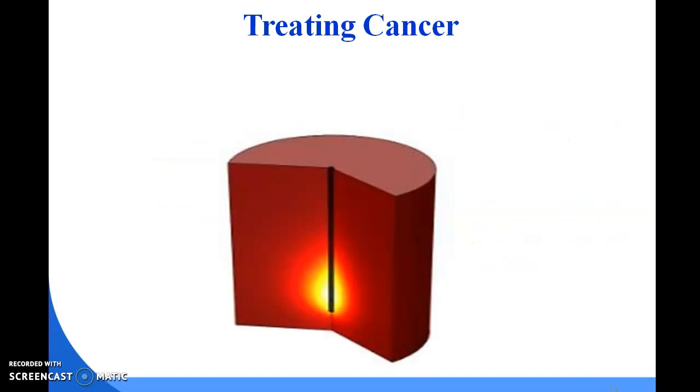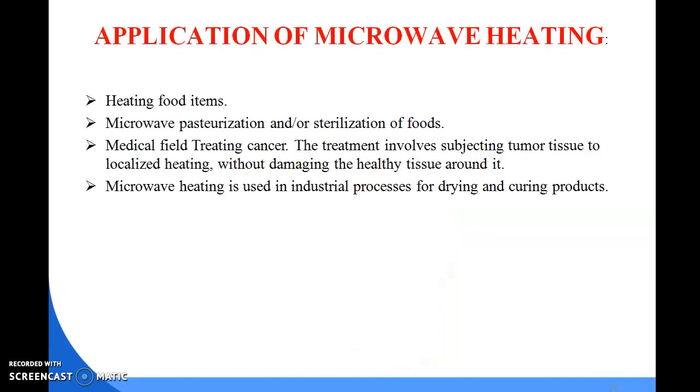This is the use in treating cancer, where the heating treatment is applied to the cancer patient. The tissue will be heated by microwave heating, which will damage the cells. So these are applications of microwave heating: food items, microwave pasteurization or sterilization of foods, and in the medical field, treating cancer, where treatment subjects tumor tissues to localized heating without damaging the healthy tissues around it.